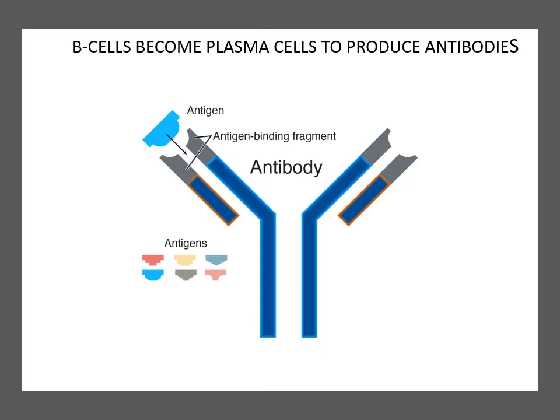And once it gets many antibodies attached onto the surface of the bacteria or the virus, then the bacteria or the virus are destroyed very quickly. Okay, so they really are particular for a specific antigen.